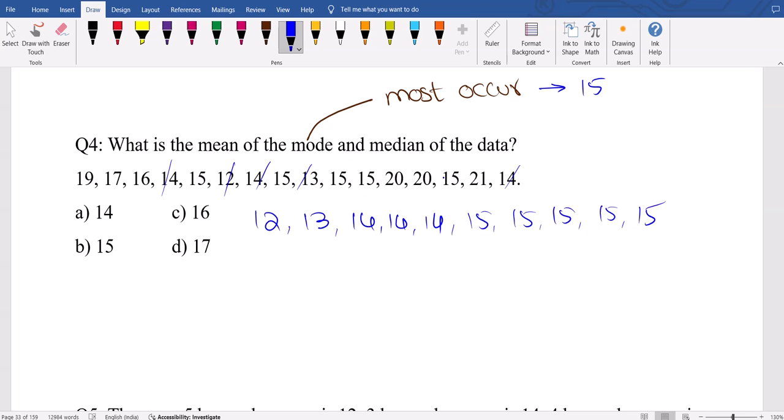When you have 16 terms, the middle terms are the 8th and 9th terms. The 8th and 9th terms are this. So median is also 15 only. Mode also 15. Average is 15 plus 15 divided by 2, 15 only. Here mean, median, mode all are equal.